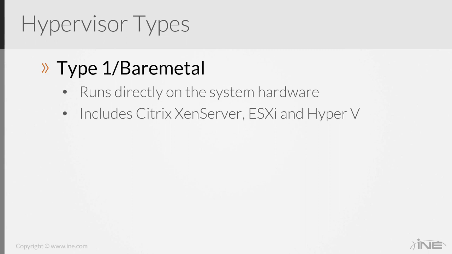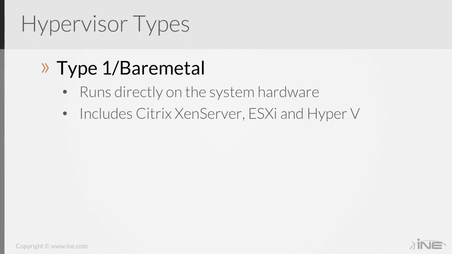So our type 1 hypervisor, or bare metal hypervisor, is where the hypervisor is running directly on the hardware and the virtual machine is on top of that layer. I'll draw this out in a little bit so you guys can have a better idea of what I'm talking about. Examples of type 1 hypervisors would include ESXi, Hyper-V from Microsoft, Citrix XenServer, KVM.